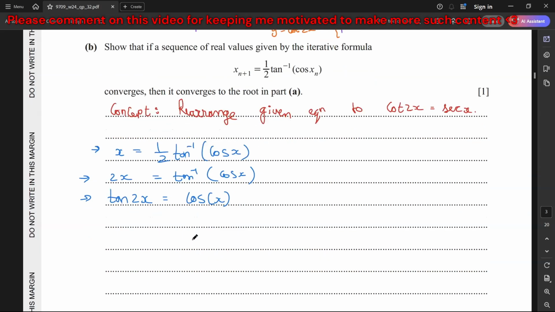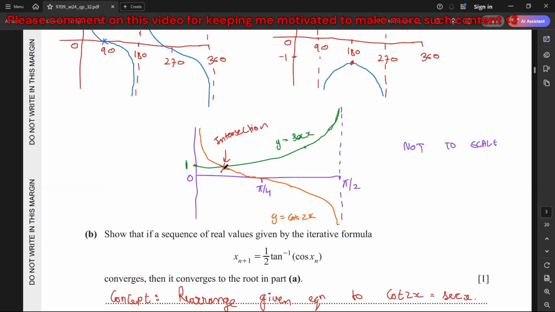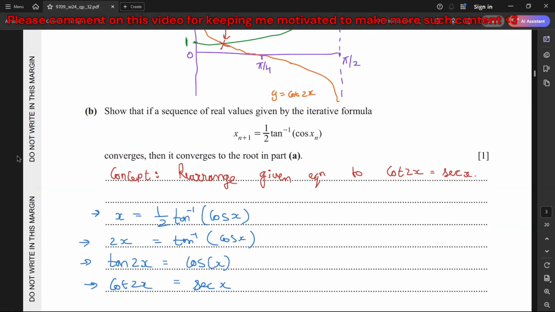Now I can just take the reciprocal on both the sides, so that this becomes 1 by tan 2x, which is equal to cot 2x, and 1 by cos x is sec x. So that is how we are getting that this equation is same as this equation. Therefore, it must be converging to the same root as we have seen in the graph above. So that is how you solve question 2.